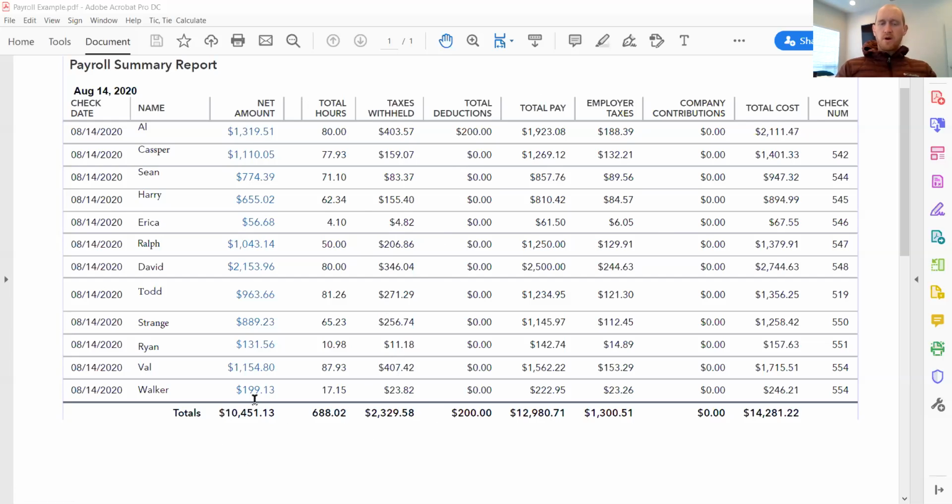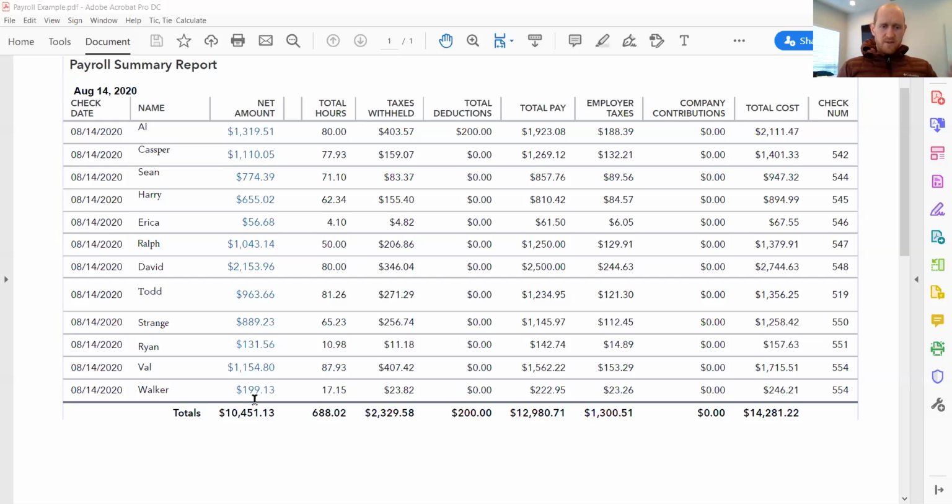So when you get a bank feed and you see these debits, either one at a time, net check, net check, net check, or all lumped together, those are net checks. Those aren't gross. That does not represent the expense that the business has accumulated.